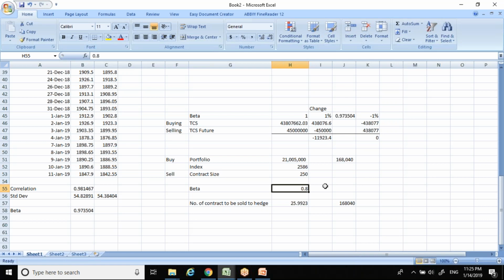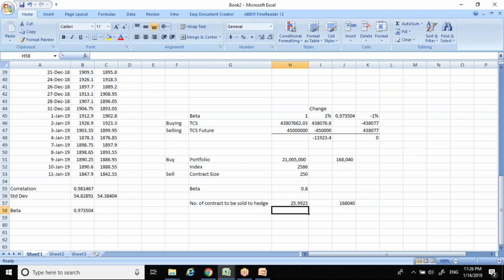Okay, in that situation, this thing will work. So I don't want to eliminate the entire thing. If I keep it 0.8, which is the beta here, then my position is completely hedged.